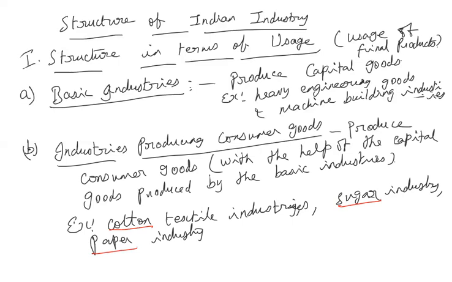Paper is a final product, isn't it? That's why they all come under the category of consumer goods, because they are all directly useful for the consumers. Okay. So any industry that is producing the consumer goods which are directly used by the consumers is called an industry producing consumer goods. Okay. That is the second category.